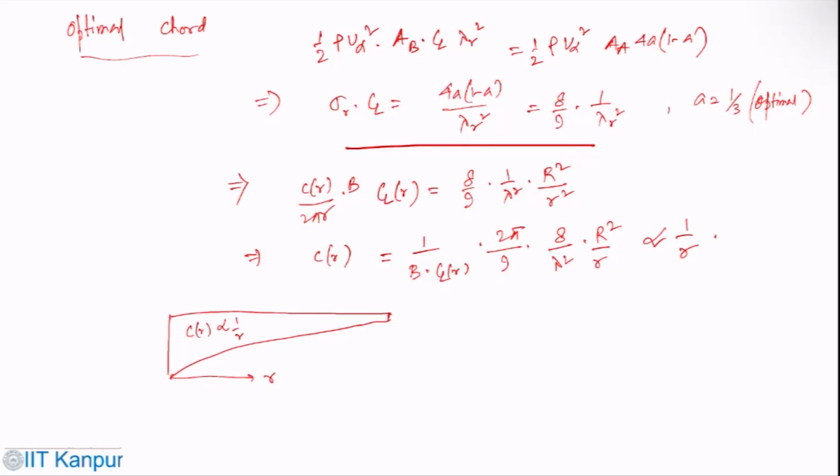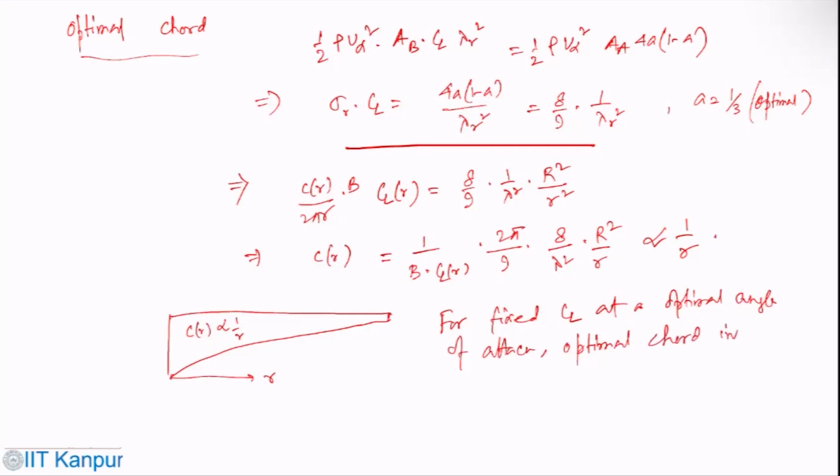So this tells us one thing. Basically, for fixed CL at an optimal angle of attack, the optimal chord is inversely proportional to radius.